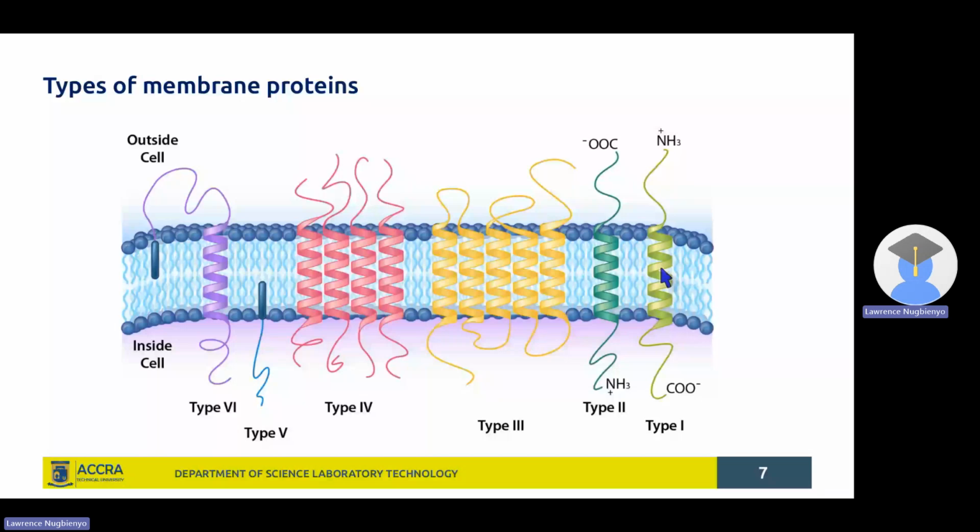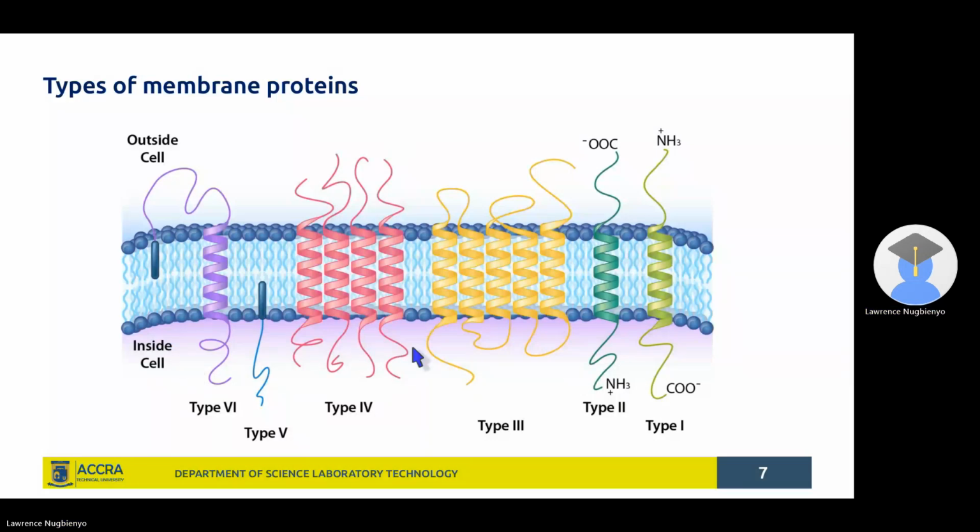And you have the N-terminus at the extracellular space. Take note that above the structure is outside of the cell, and below the structure is inside of the cell, which is to depict that you have an extracellular space above, outside the cell, and an intracellular space, which is the cytoplasm.